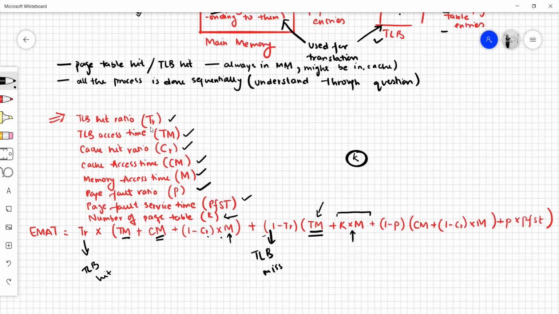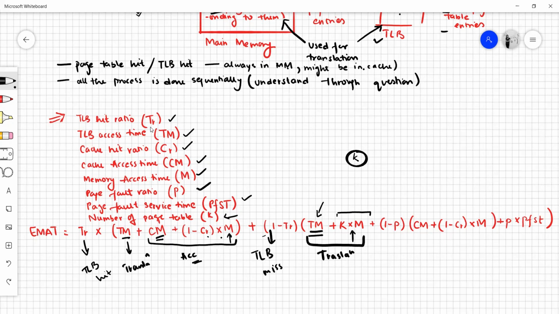Since page tables are in main memory only, accessing one level of page table is equivalent to accessing main memory once. So that is M, the main memory access time. In case of k level page tables, we are accessing k times m just for translating. So this whole portion here is translation. That was a shorter translation. This whole portion is now accessing.